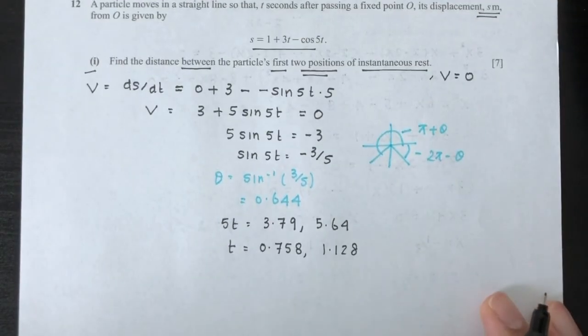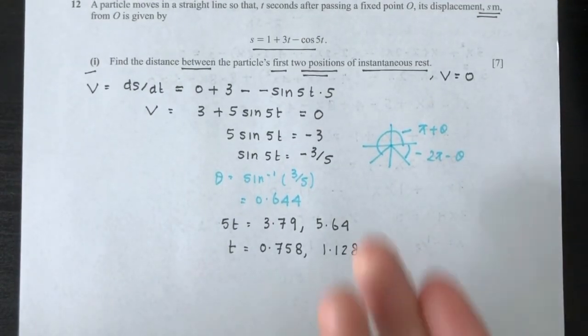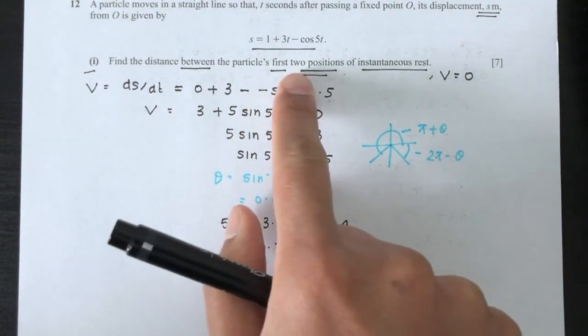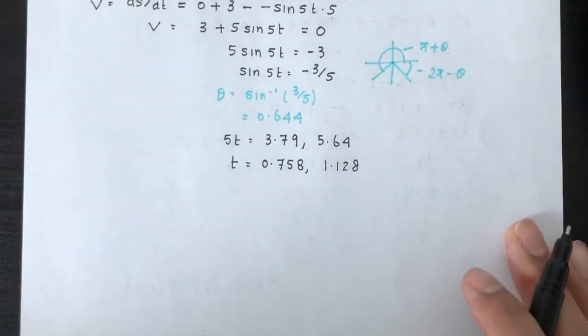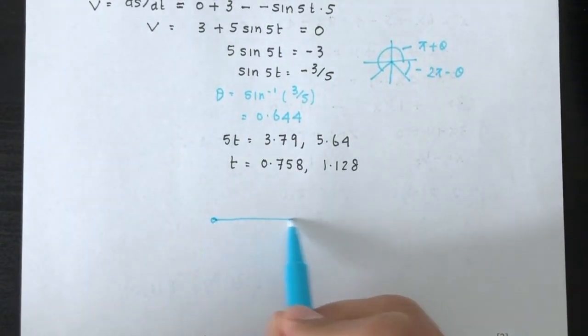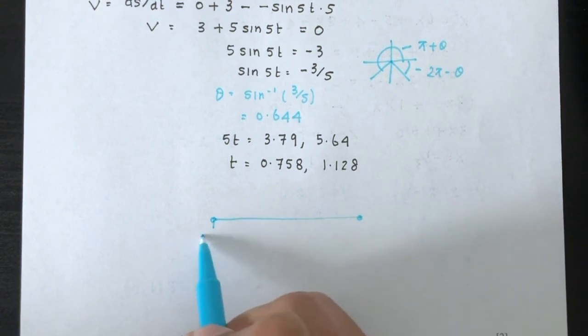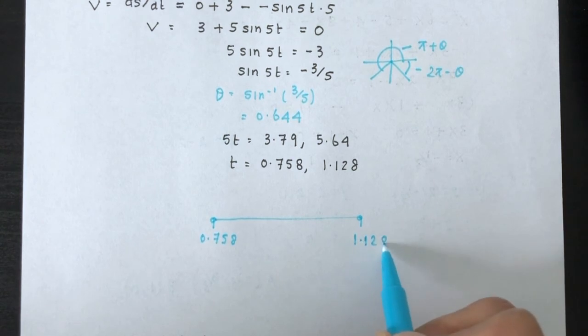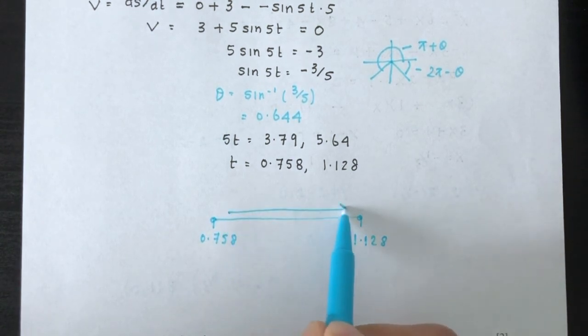So these are the two times where it is at rest according to the equation. Now we want to find the distance traveled between the times when it is at rest. So pretty easy. We want to find the distance traveled between t equal to 0.758 and 1.128.